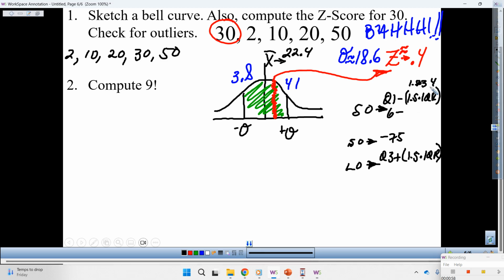Close. Isn't it 51? Okay. 51. So the small outlier is 45. Oh, and it's a negative. Sorry. Negative 45. All right?